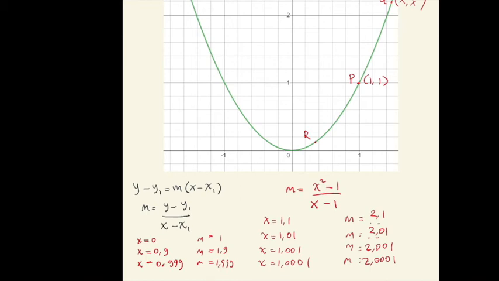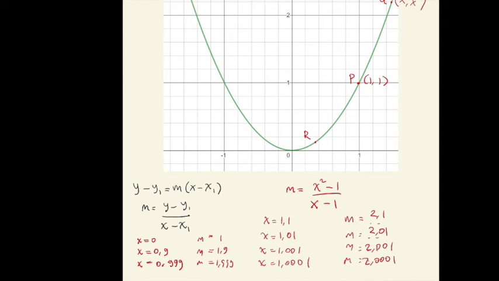But because you are using limit, you can conclude that 1.99999 is getting closer to 2, and the answer is 2.